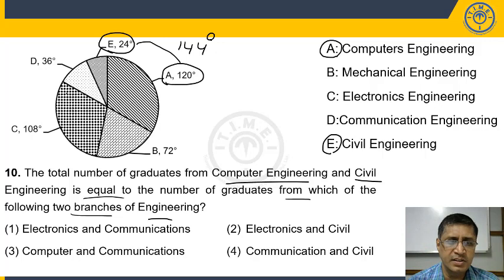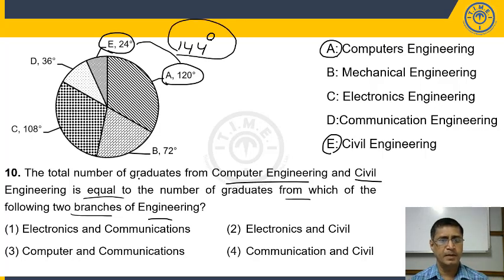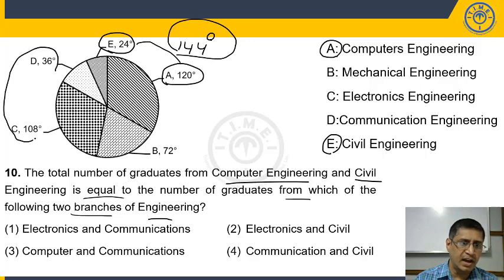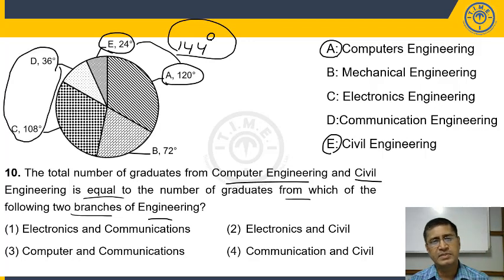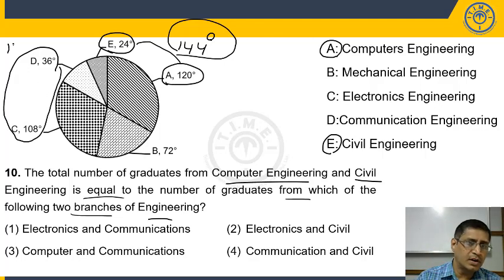Now, if you observe the remaining part of this pie chart, in which two branches is the angle equal to 144 degrees? So just observe these two, sum of C and D. What is the sum of 36 and 108? It is also 144 degrees. So what is the right answer?